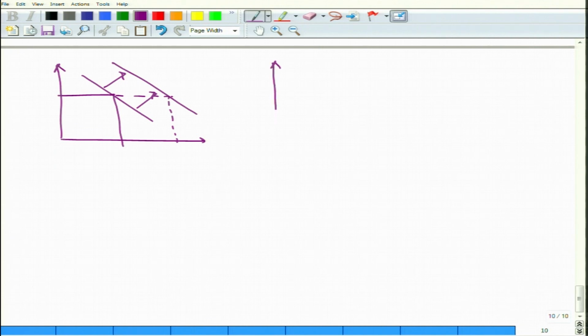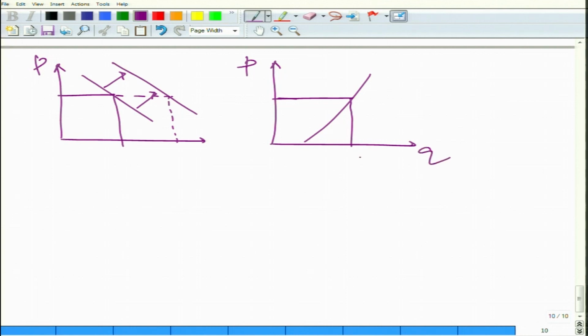But in case of supply, at the same price, if my supply increases, it shifts rightwards.